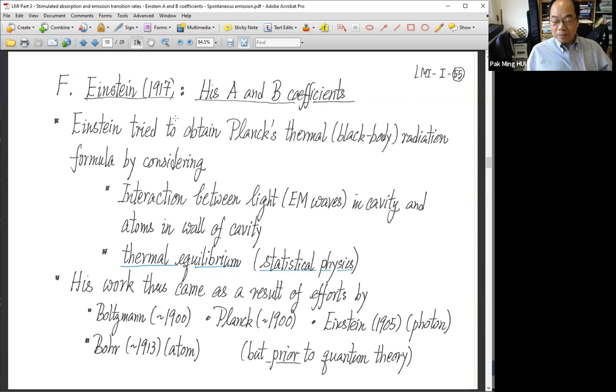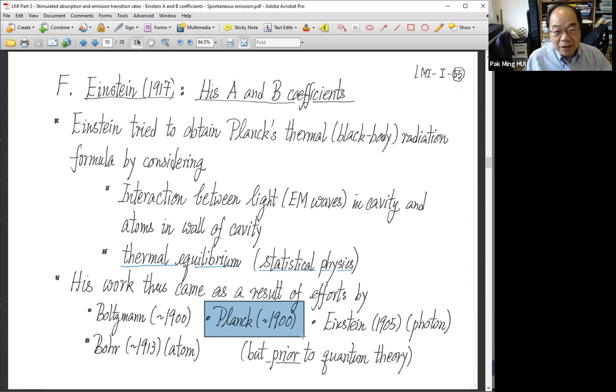So what did he want to do? Just like every famous physicist at that time, all of them tried to derive Planck's formula in their own way. So the story goes, in 1900, Planck wrote down a blackbody formula that fits the experimental curve very well.